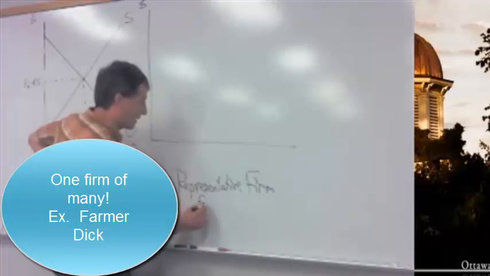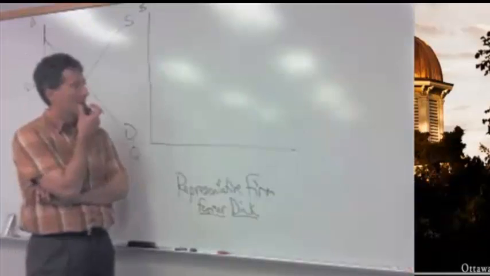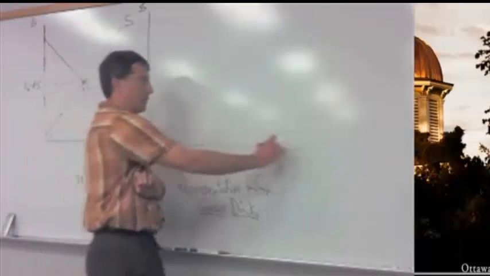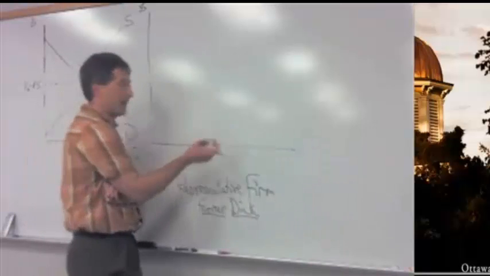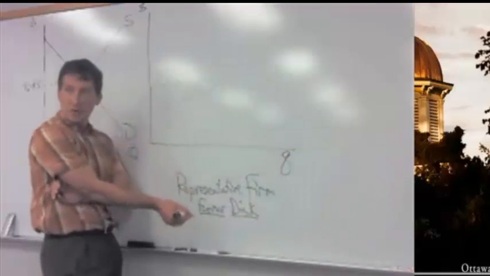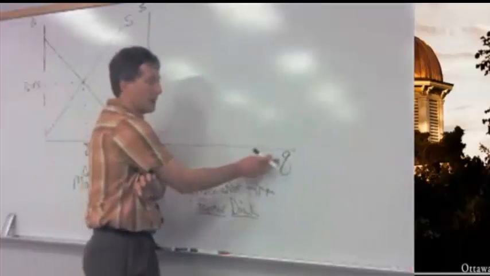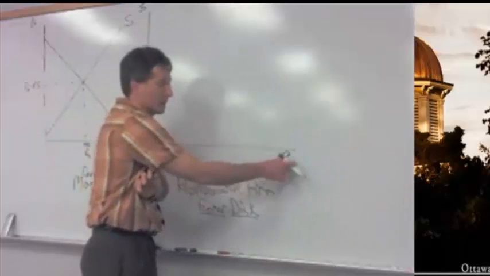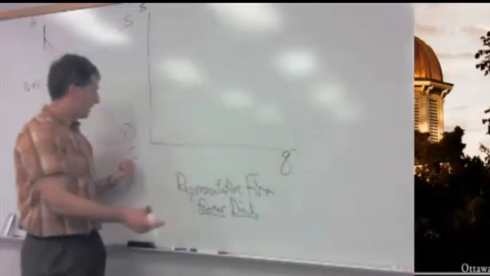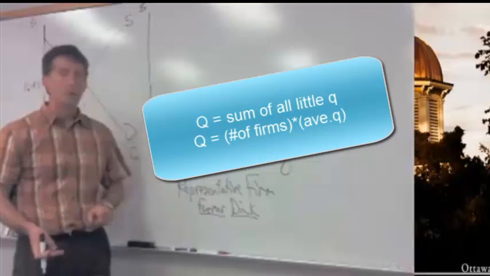So, for our farming example, maybe this is Farmer Dick. And along the horizontal axis is quantity again, but it's the quantity of Farmer Dick's corn, not the quantity of the market. So we're still measuring corn, but I'm going to put a little q here, instead of big Q, to represent Farmer Dick's corn.